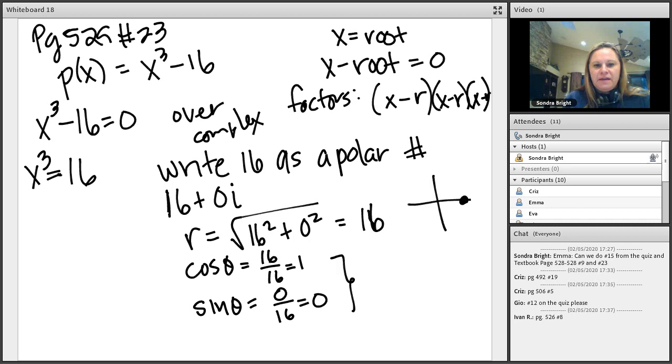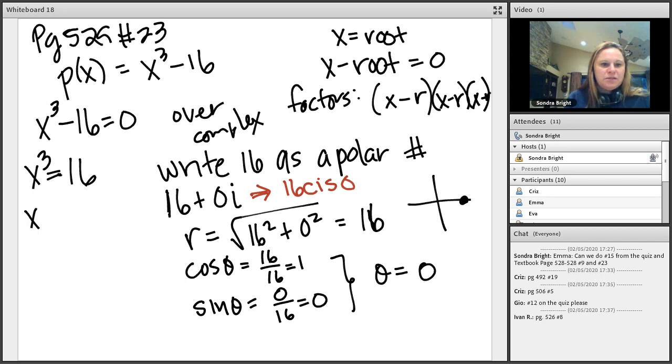And putting those together, when is cosine of your angle 1 and sine of your angle 0? When your theta is 0. So 16 plus 0i in polar form is r cis theta, so 16 cis 0. That's polar form. So I'm going to rewrite that.